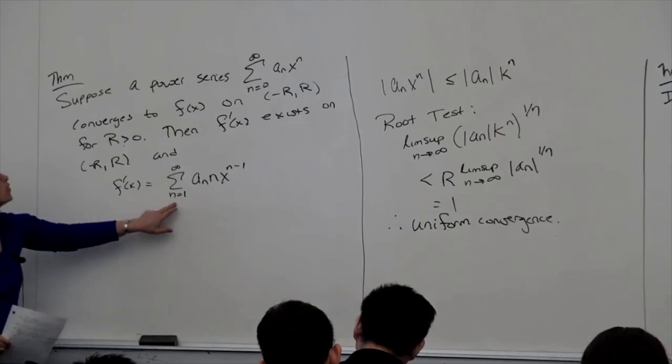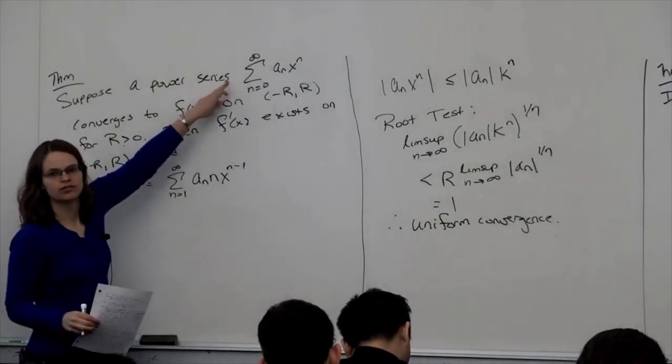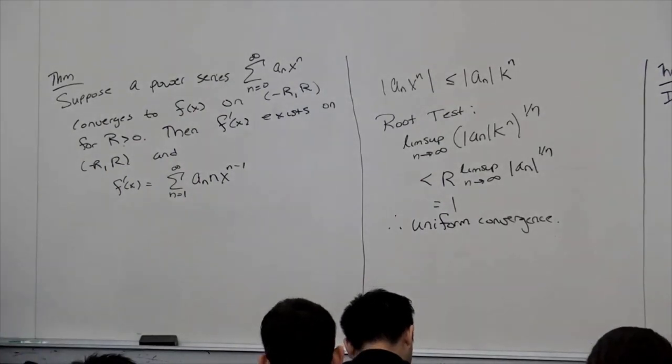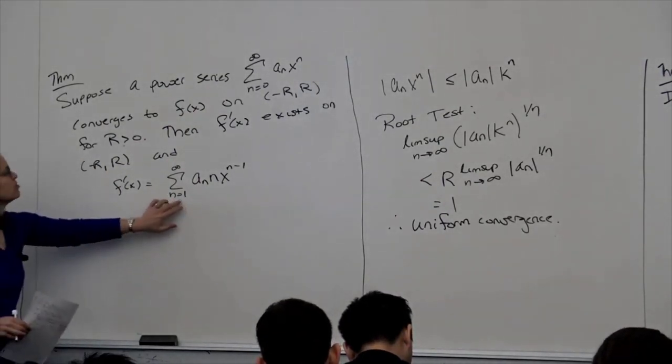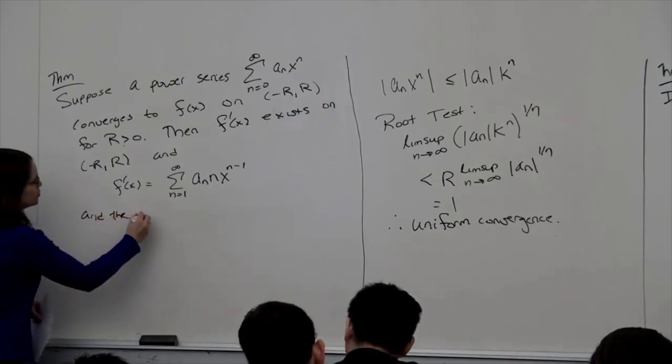I'm starting the series from 1 here, because up here the first term, recall, was just a constant, so when we take its derivative, it goes away. The derivative of the zeroth order term is 0, so we're going to start here. And the radius of convergence is still r.